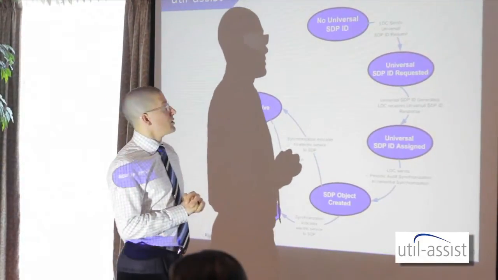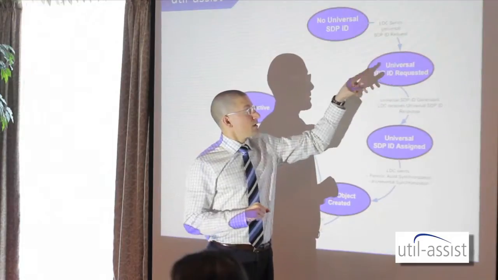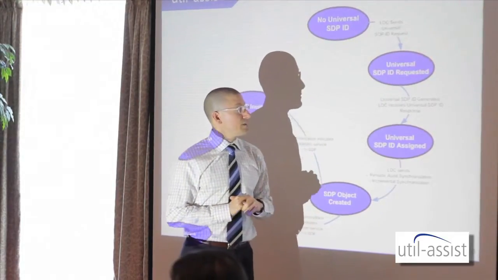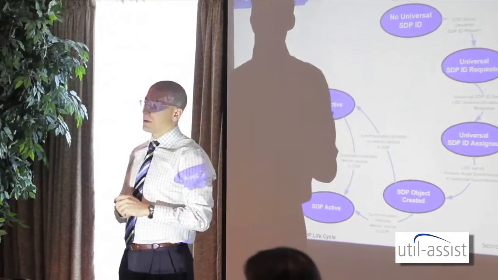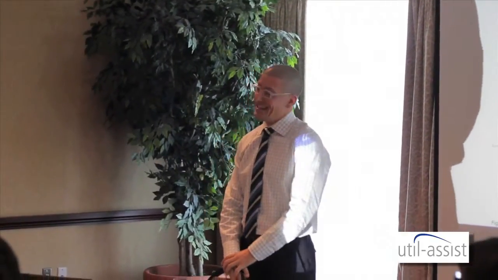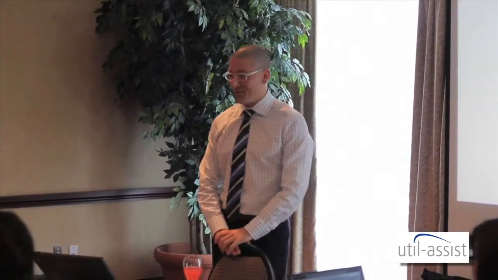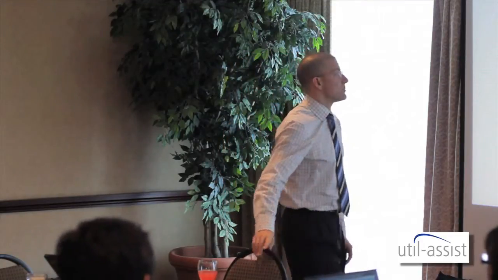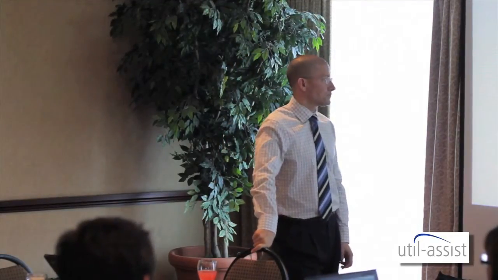So the MDMR USDP ID generator then processes this request file, and they generate USDP IDs in the USDP ID generator. It's kind of saying USDP ID all the time. So this process sort of happens off to the side of the MDMR, and they randomly generate all these IDs for you, and then they pair them up to your SDPs and send them back.